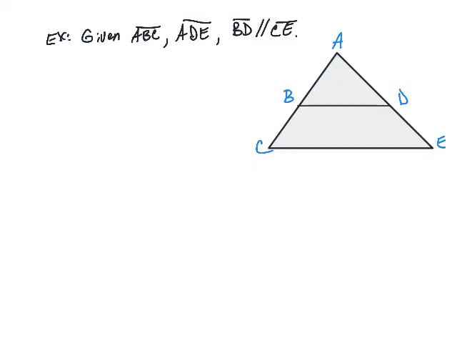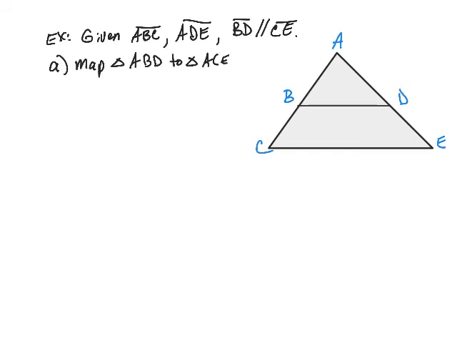Finally, we're given that these three points are collinear and A, D, E is collinear, and these two are parallel. So what we have here are two similar triangles. They share angle A, and since they're parallel, these angles are going to be congruent and these angles are going to be congruent. So they are similar. We want to give a dilation that's going to map triangle ABD to ACE.